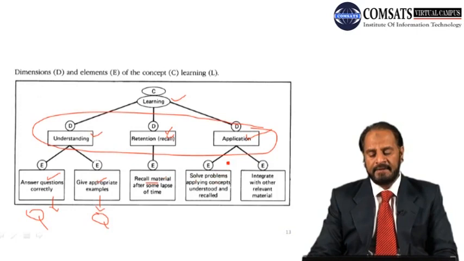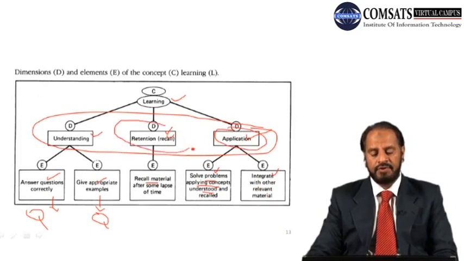And under application, you need to see if you're able to apply the concept understood. If you're able to apply the concept to solve a problem, then again we will say the learning was achieved. And if you're able to integrate this knowledge which you've learned with some other relevant material, then again we will say that the application side of the learning has occurred.